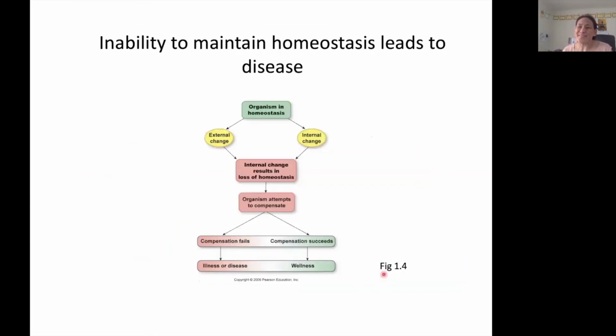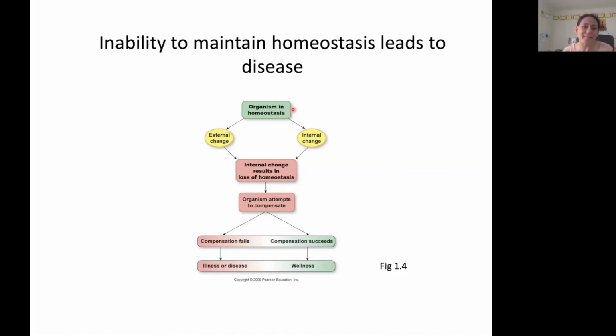What happens if you don't keep things at their optimal values? Basically what happens is you get sick. This is just kind of a silly diagram that shows that these variables that we're trying to keep constant are constantly changing.